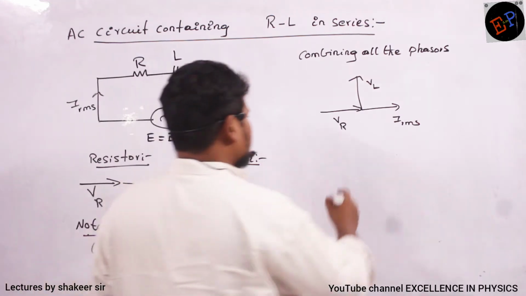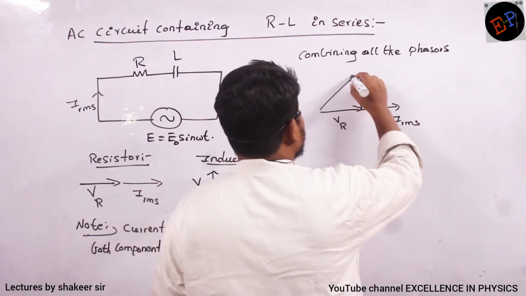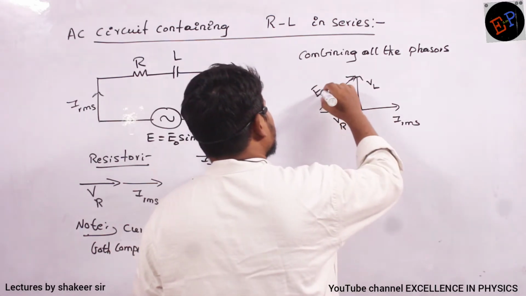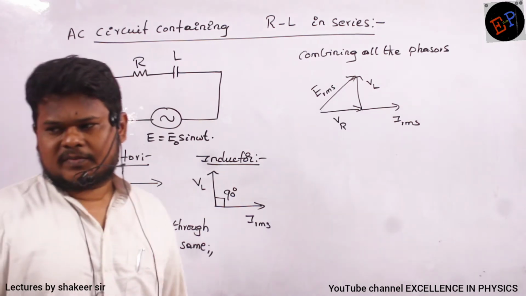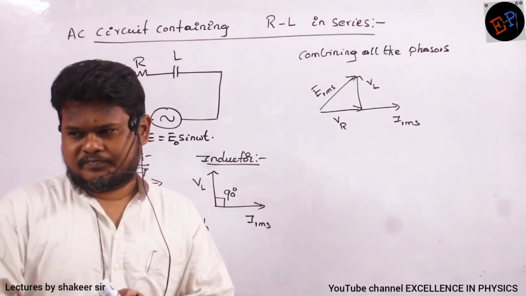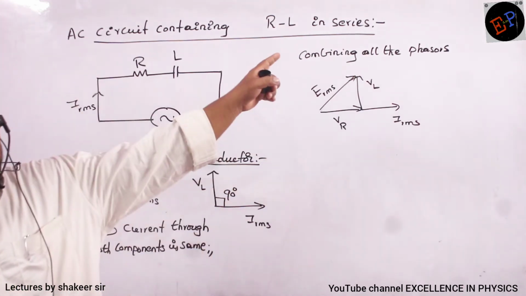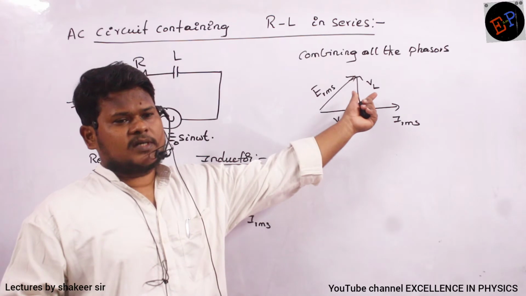Now, if you take the resultant of these two, then it is called ERMS. What is ERMS? That is the total potential consumed in the circuit. That is the resultant. So this is potential drop across resistor, potential drop across inductor.